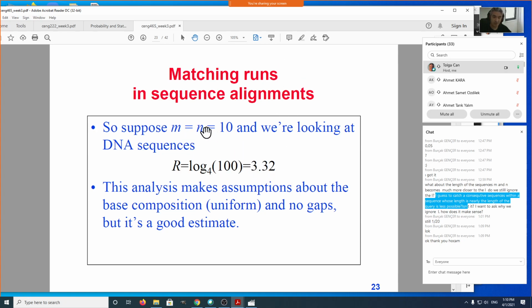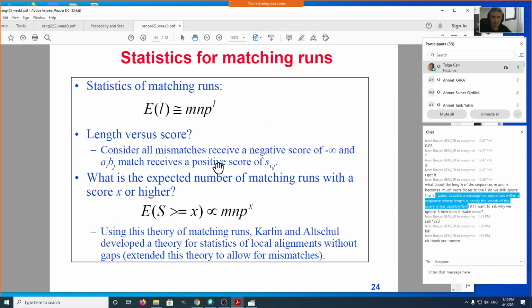When we ignore the length L, which is going to be 10 minus 3 plus 1, which is 8, 8 times 8 is 64. So we are exaggerating 64 to 100. But still, if you take the log, they're going to be close enough. So in this analysis, it may still be ignorable.